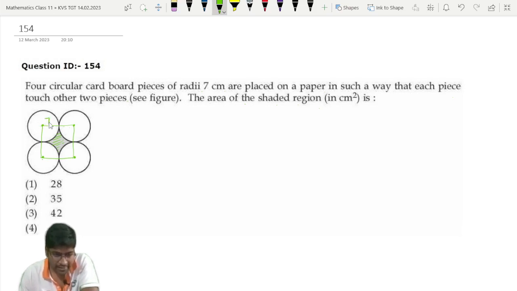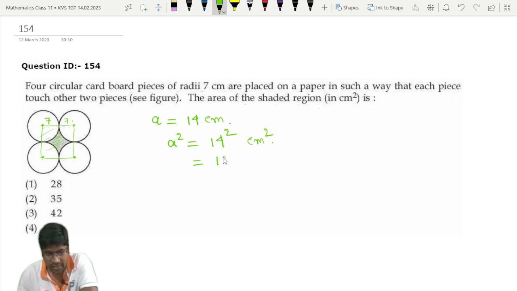The radius is 7 centimeter, so this is 7 centimeter and this is 7 centimeter, so the side of the square is 14 centimeter. The area of the total square is 14 squared, that is 196 centimeter square.